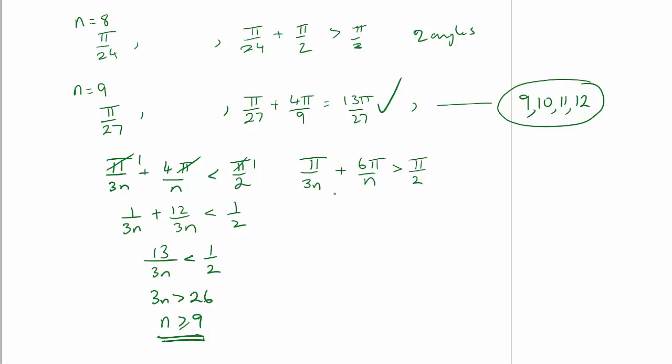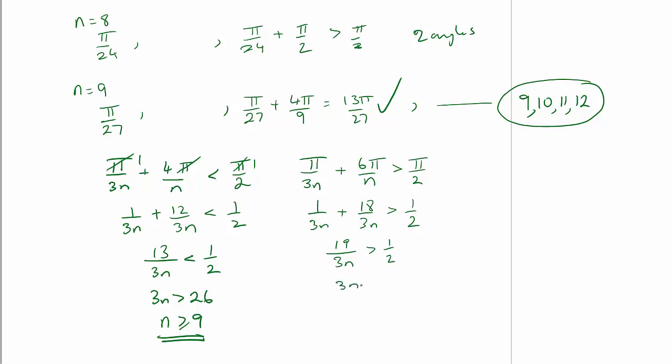So again, cancel the pi's, and then we've got 1 over 3n plus 6 over n, which is 18 over 3n. We need that to be more than a half. So that's 19 over 3n is greater than a half.